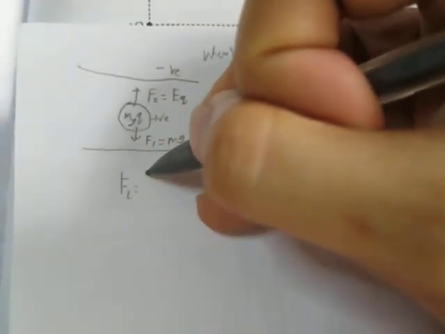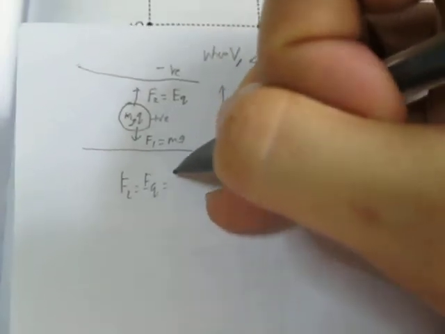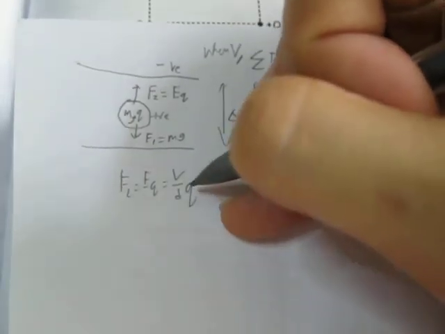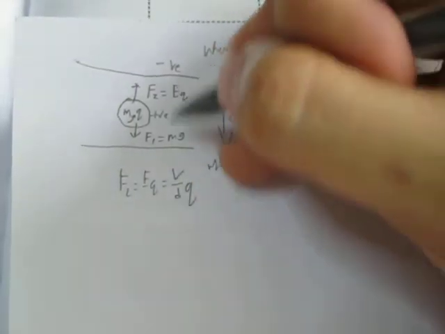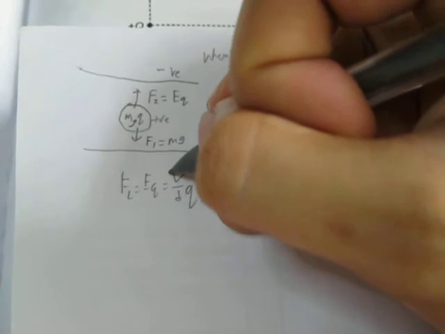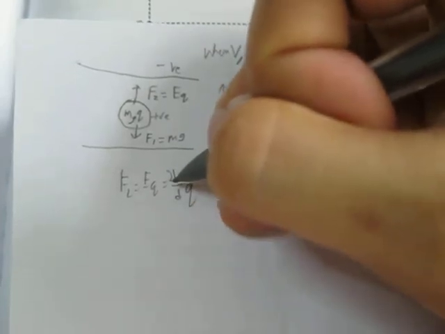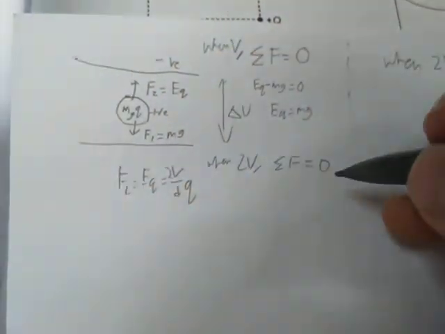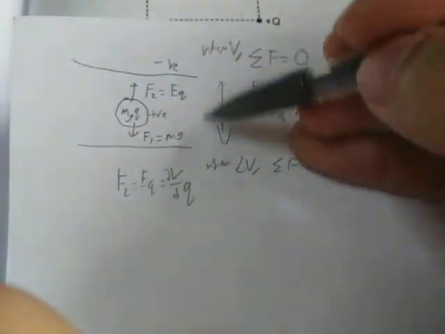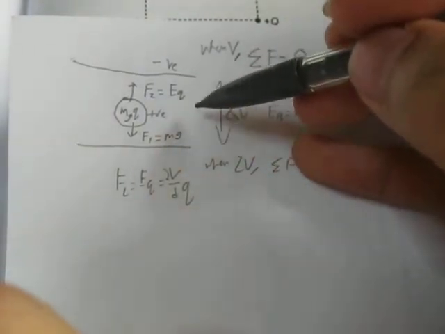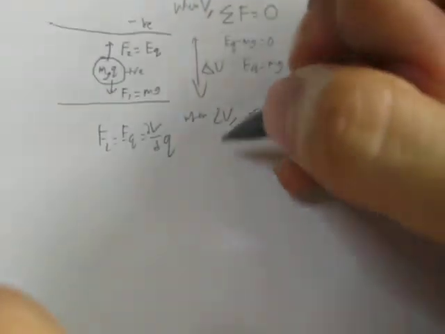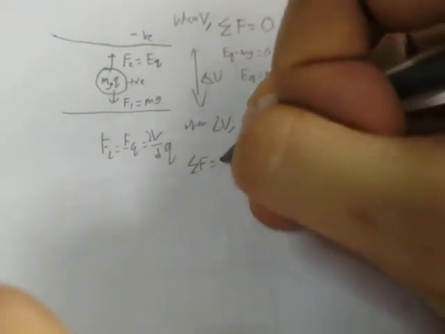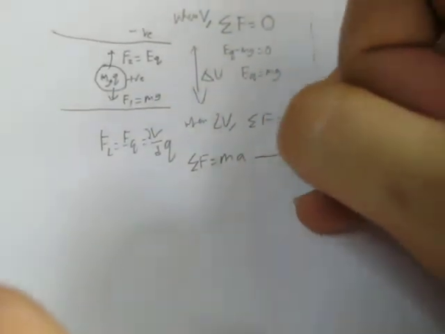F2 equals EQ, which is also equal to V over d, times q. So if I increase the potential difference to 2V, then F2 will increase. So now what is my resultant force? My resultant force is always equal to ma. So that is my first equation, right?